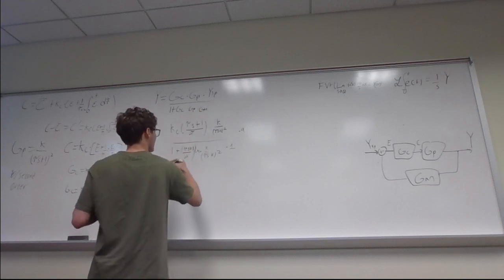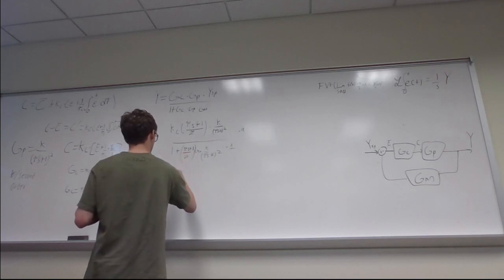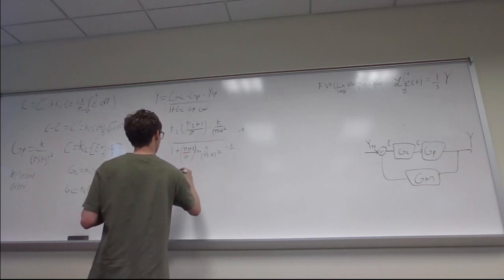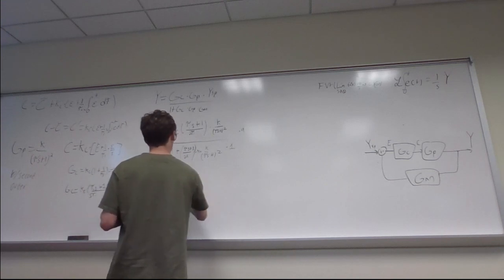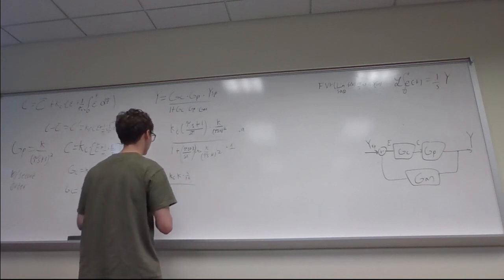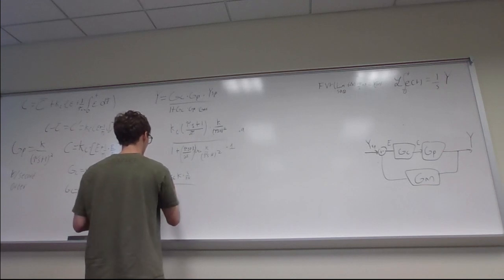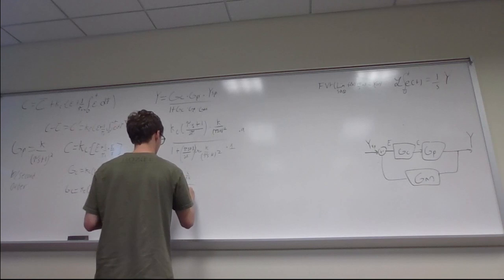So we're going to have KC K times 1 over s tau I, over 1 plus, same deal, KC K over 1 over s.